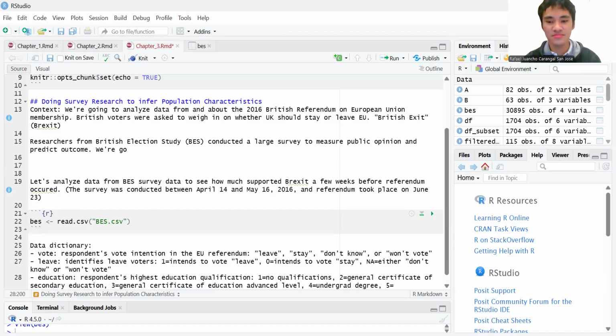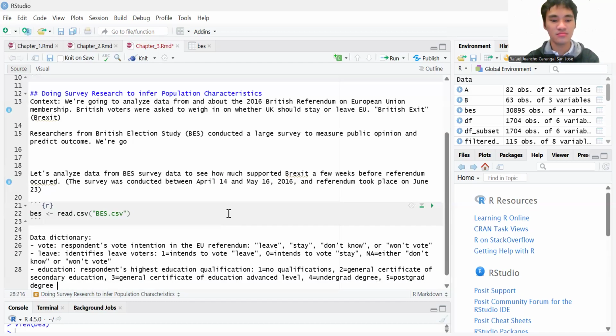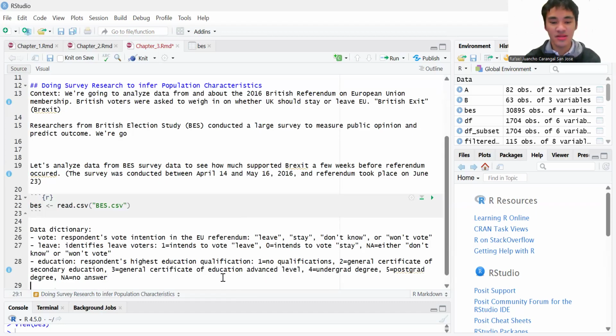Five, postgrad degree. NA is no answer. Not that that's what it means. Actually, that's probably what it means. No answer. Right? And the last one, I think this is pretty self-explanatory. It's the age, which is just the respondent's age. There's really nothing more to say to that, in years to be specific.